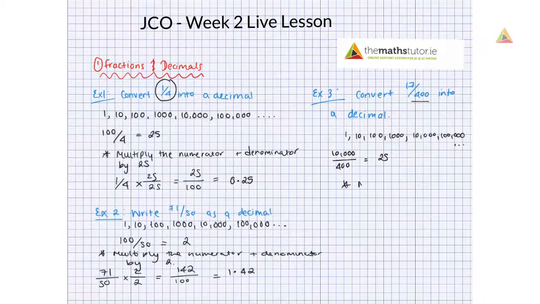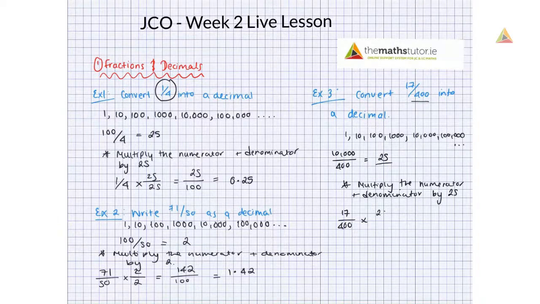Now the rule again, we're going to multiply the numerator and denominator by 25 because that's the number that goes in. So it's going to be 17 over 400.